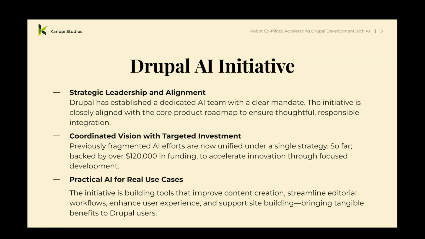There is a targeted investment, so currently there's over $120,000 that has been put forward by the association and a number of the AI makers within the initiative, and it's there to accelerate innovation and target development efforts. And all this is to produce practical and real-world use cases for AI using Drupal.